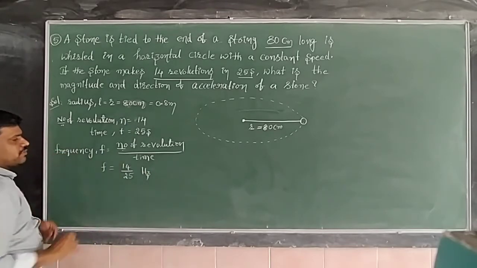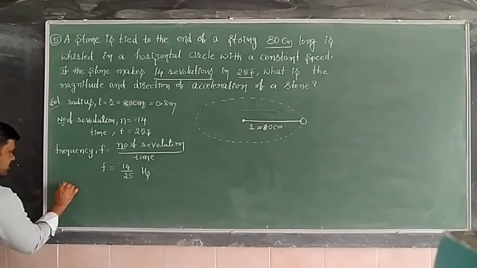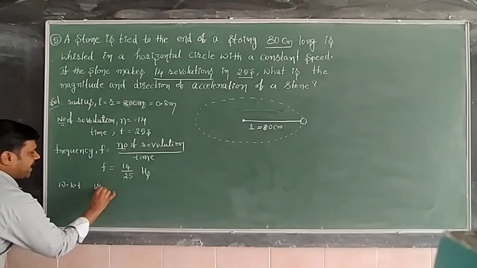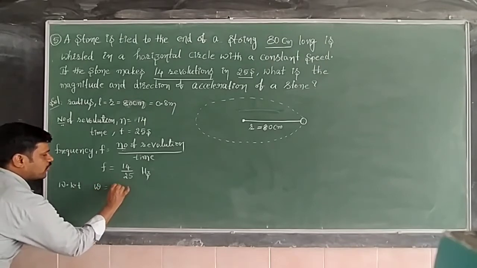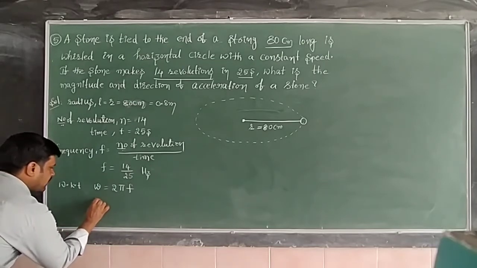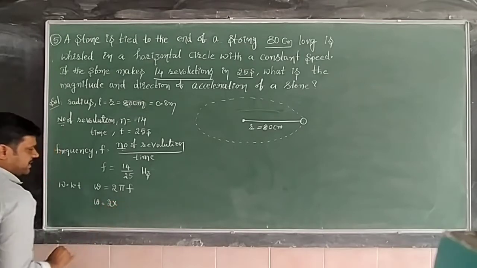So we got the frequency f. But we know the angular frequency omega is equal to 2 pi f.